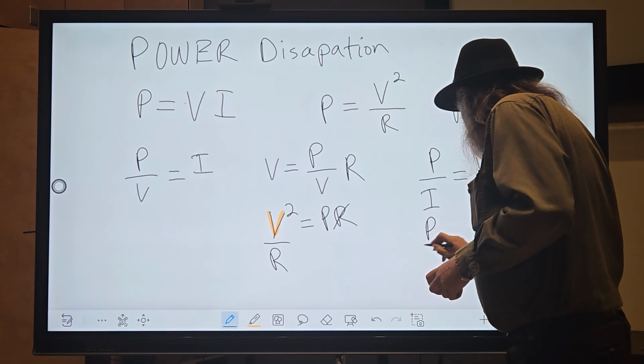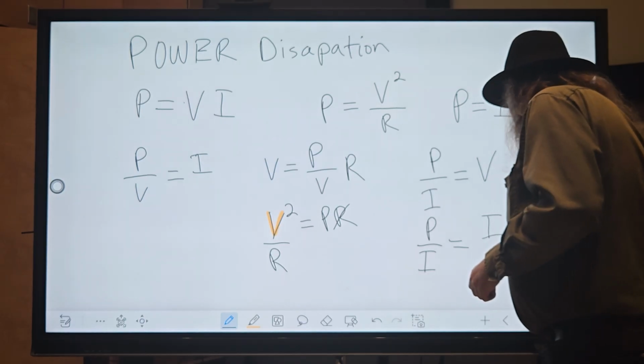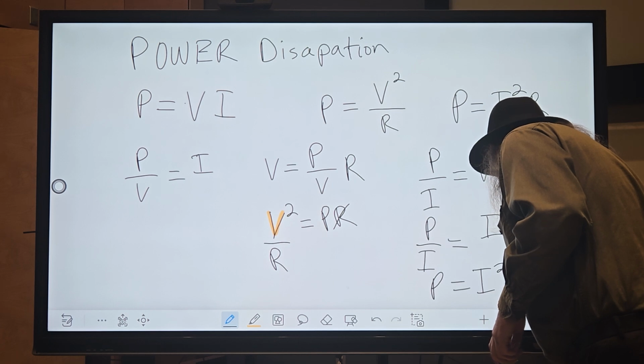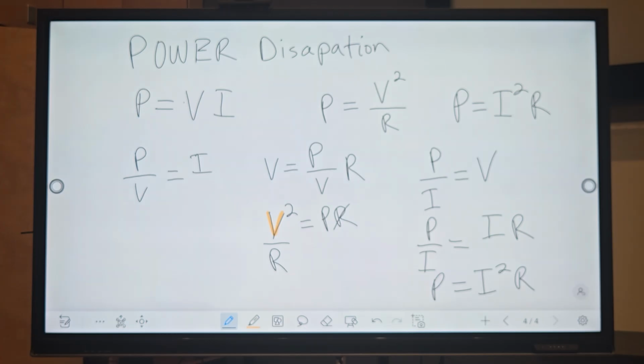It's P over I equals I R, and then P equals I squared R. Just a little bit of simple algebra to get those various forms. It just depends on what you're trying to solve for and what information you have available.